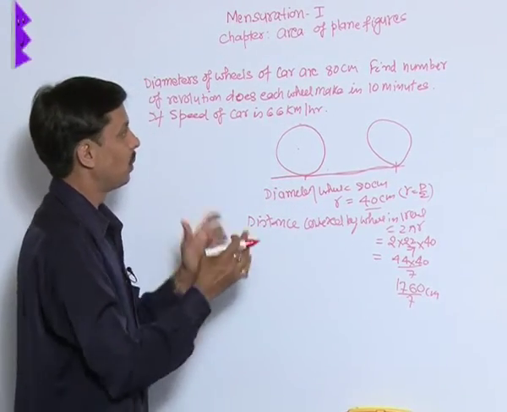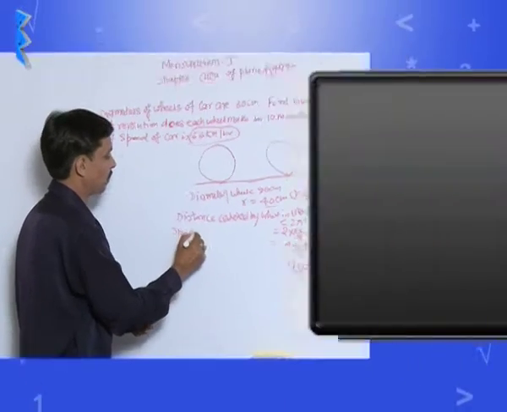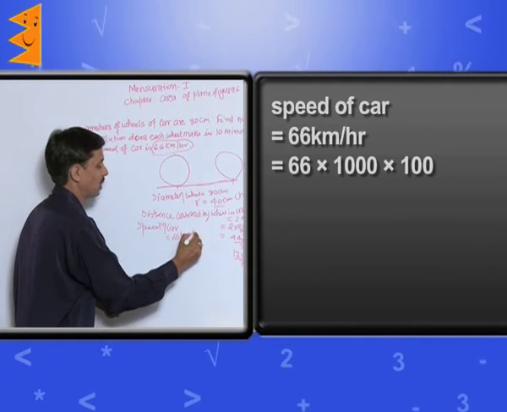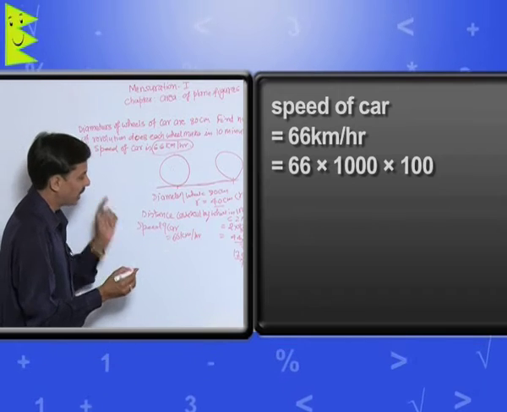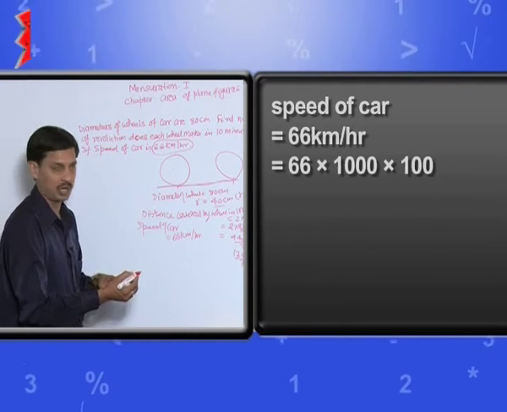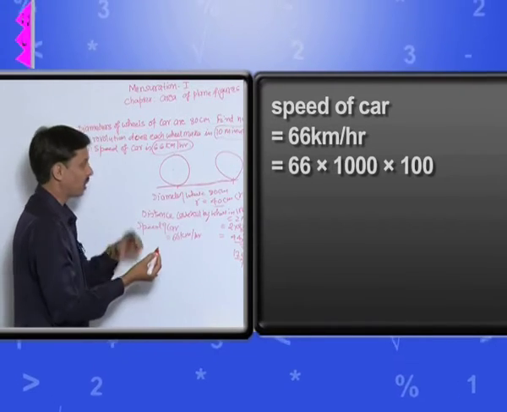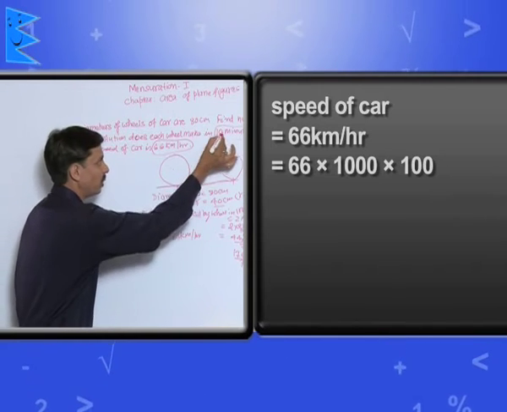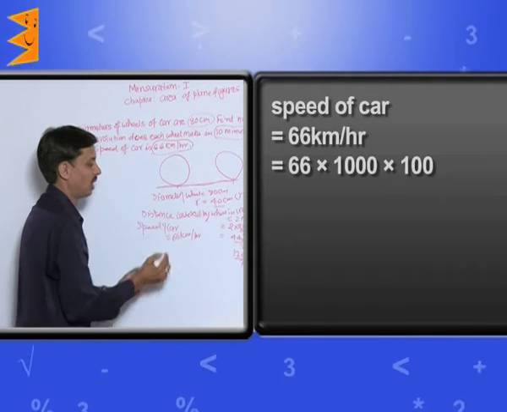Now the question is, what is the speed? The speed of the car is 66 kilometer per hour. I want to convert this speed into centimeter per minute, because the time is given as 10 minutes for calculating the number of revolutions, and the unit of diameter is in centimeter.